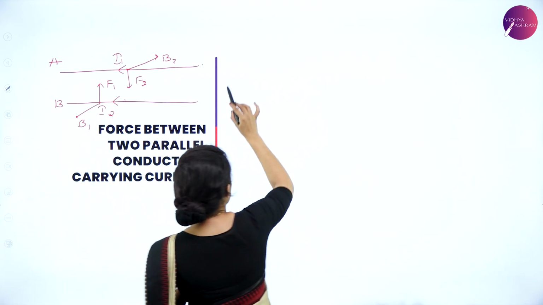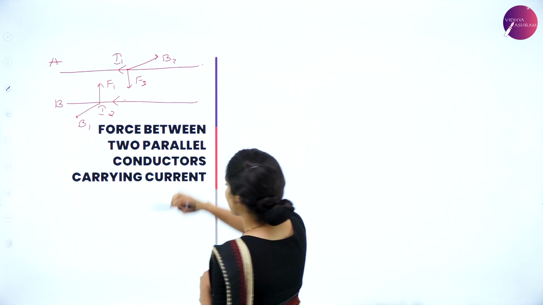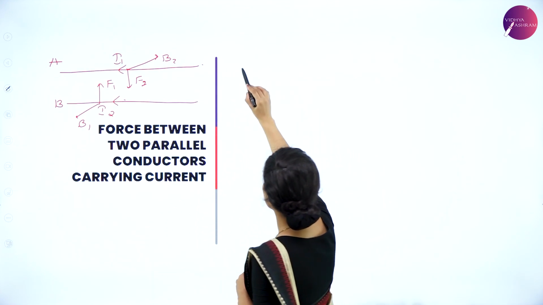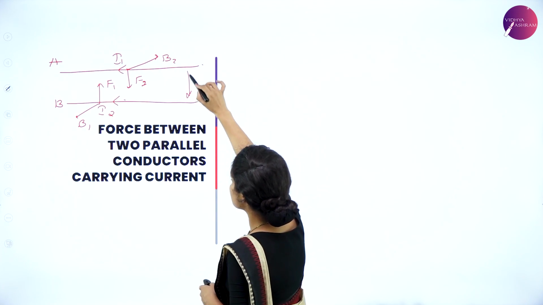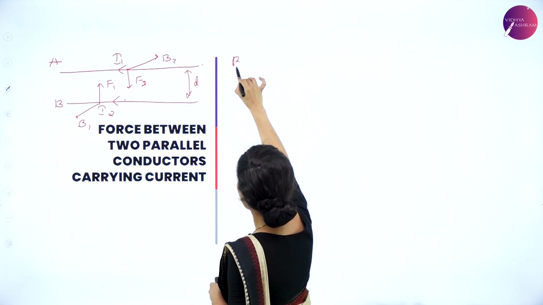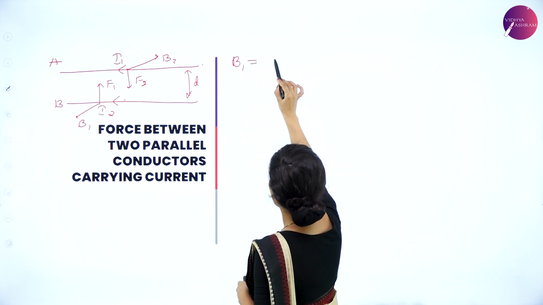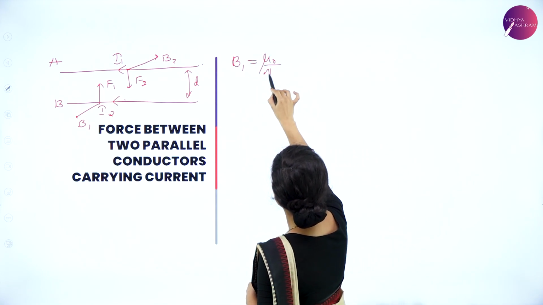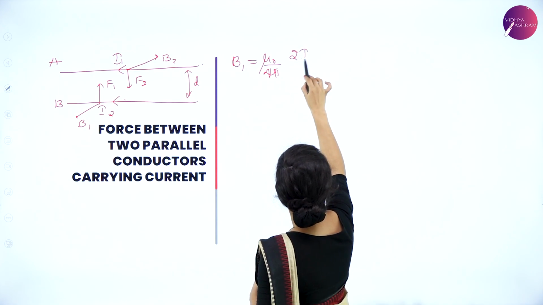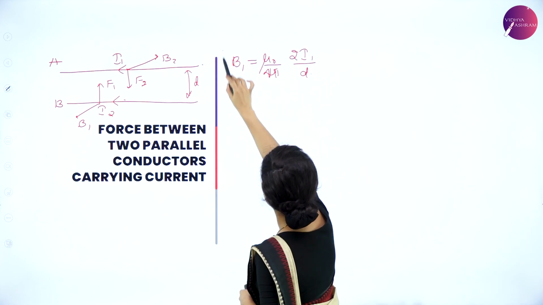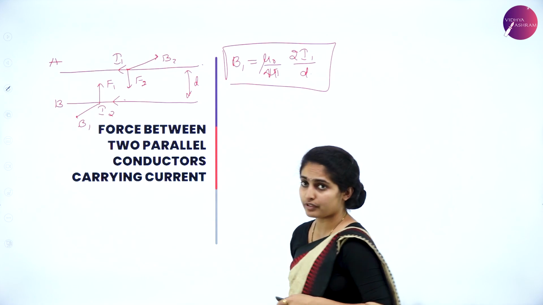So with respect to Ampere circuital law for the magnetic field of an infinitely long conductor, the distance of separation is called D, and the magnetic field B1 due to the current I1 is mu naught by 4 pi into 2 I1 divided by D. So this is the equation we have.